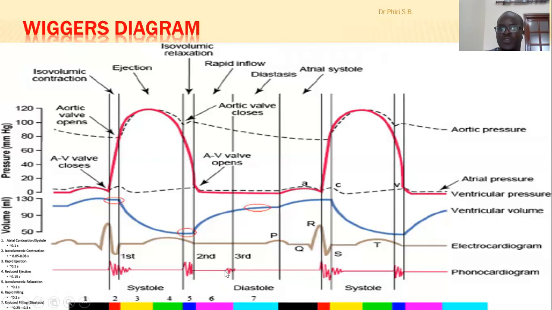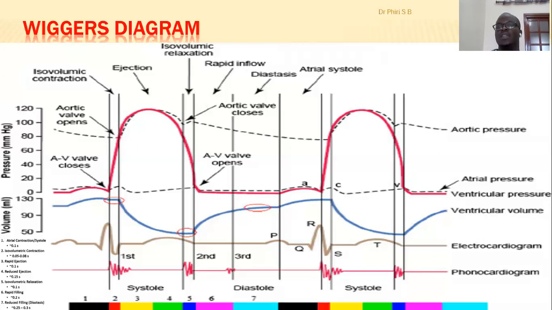As blood is moving from the atria into the ventricles, sometimes it can hit the ventricles. That splashing sound brings about vibration of the ventricles, and that can produce the third heart sound.